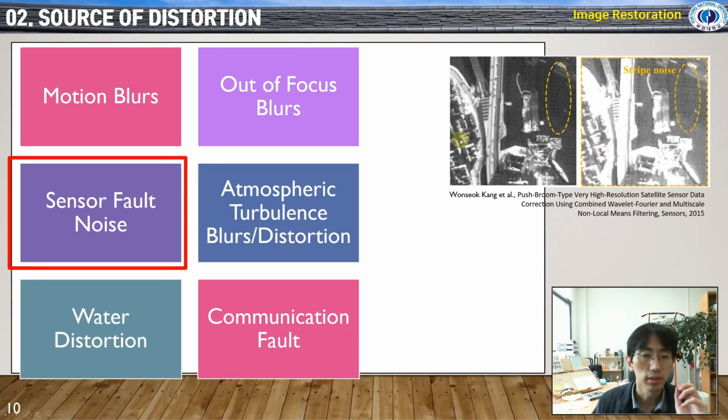When the camera sensor has some problem, then the taken image has some trouble. You see, this is a photo taken from a flight, probably from a satellite. Then you see there is a noise strip here and here, and this was caused by a sensor.